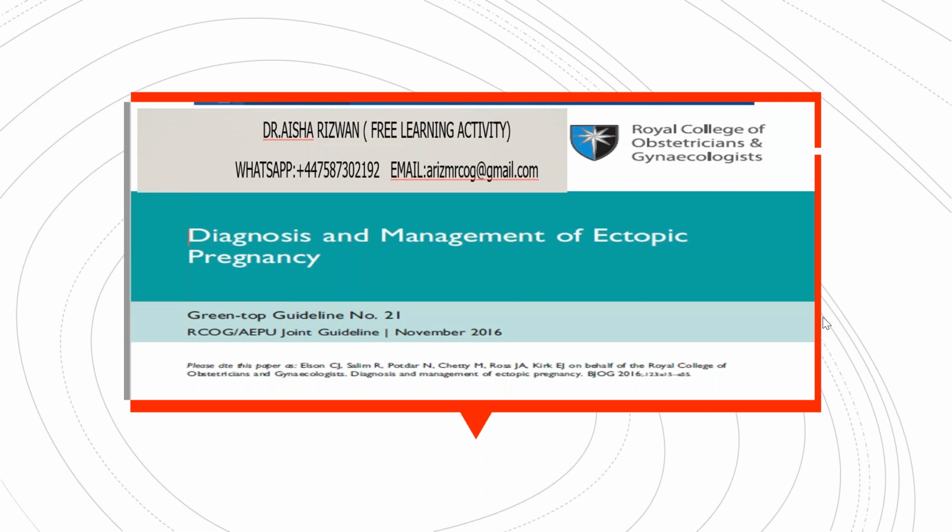If the women are receiving methotrexate for the management of tubal ectopic pregnancy, then you should advise them there is no effect on the ovarian reserve. This is a very valid question: what will happen to the ovaries? Nothing will happen to the ovaries, okay? They will continue functioning like they were before they developed this ectopic pregnancy.